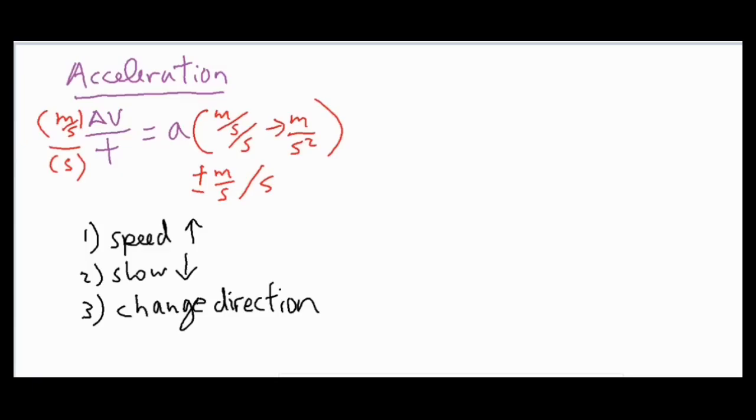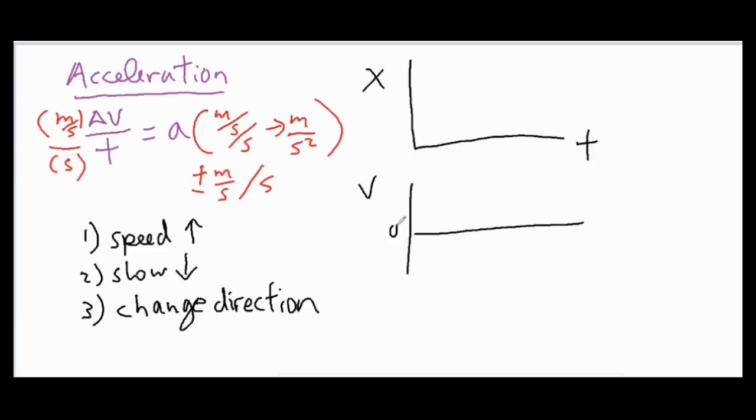Now for this one, there are various graphs, just like we saw with constant velocity. There's definitely a lot more going on with these, but there is a position versus time graph, velocity versus time graph, and then acceleration versus time graph.